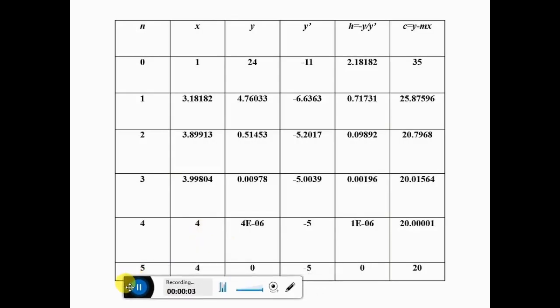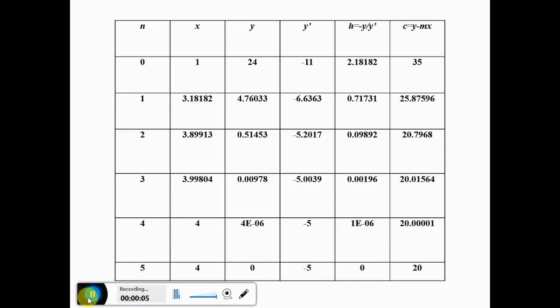I wish readers to take a closer look at the table, and if possible to note down this table on a piece of paper, where we start our arbitrary iteration process at x equal to 1 and y equal to f of x will be 24 for x equal to 1.